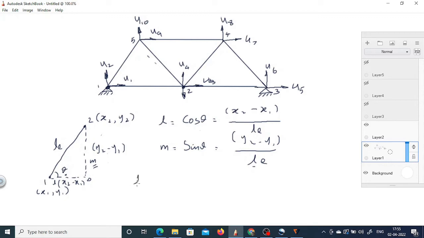It can be calculated from the square root of x2 minus x1 squared plus y2 minus y1 squared. The hypotenuse is the square root of adjacent side squared plus opposite side squared, which is the hypotenuse formula from trigonometry. So LE is equal to the square root of x2 minus x1 squared plus y2 minus y1 squared.